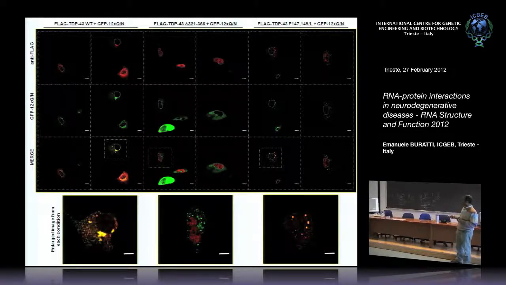So this was a demonstration that the 342-366 region in the endogenous protein is necessary for it to be recruited in the aggregates.